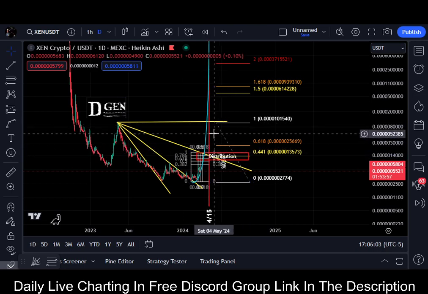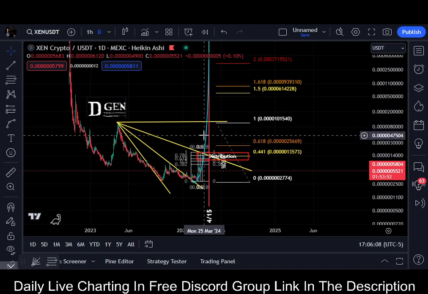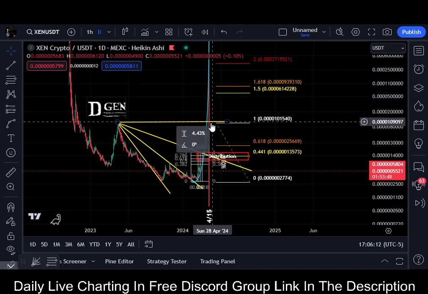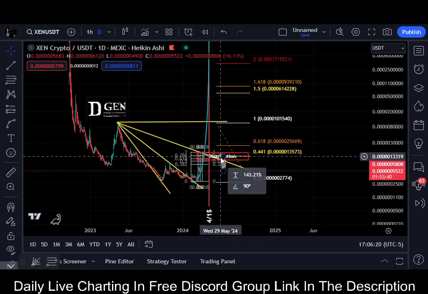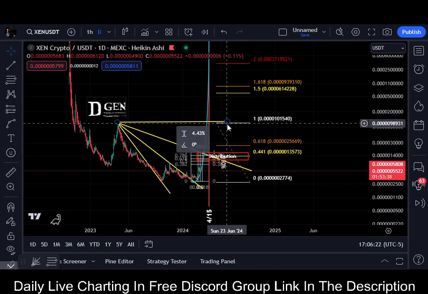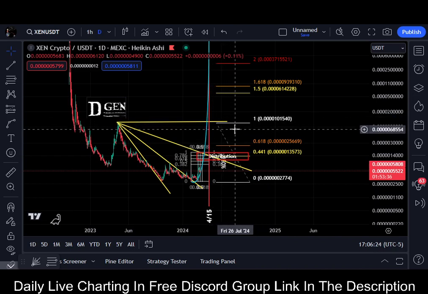Past that, maybe halfway up here at the 75% mark, it might see some distribution, or maybe we see some really high prices. But I will be looking in these areas for distribution and hopefully reaccumulation that signals continuation to the upside. So that's what I'm seeing on the XEN price.